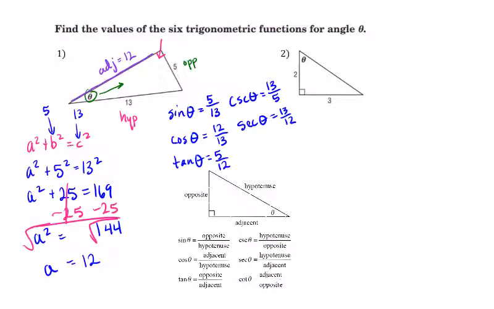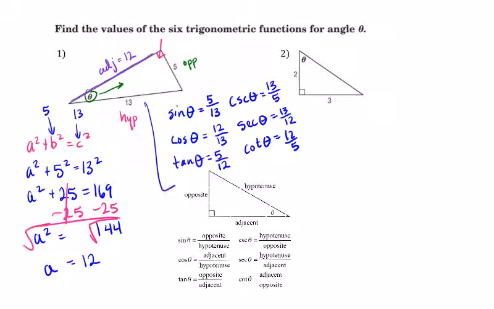So you can do it that way too, or you can just flip over cosine. Whatever is easier for you. And then cotangent is the reciprocal of tangent, so we just have to flip over tangent. So it'll be 12 over 5. Or you can look over here and say, it's adjacent 12 over opposite 5, right? Either way works. All right, so that's it.